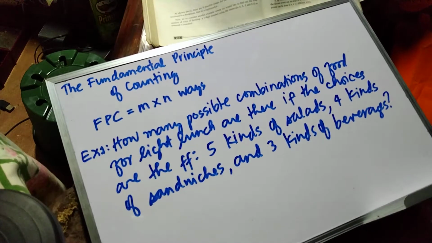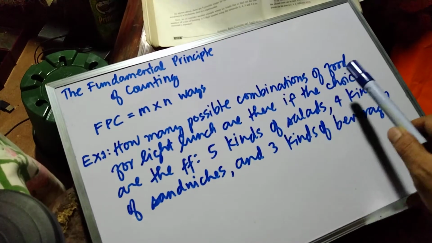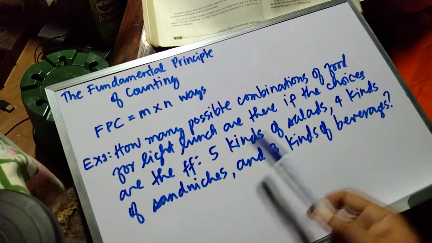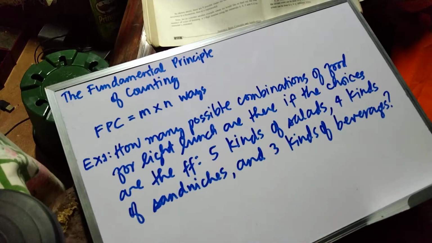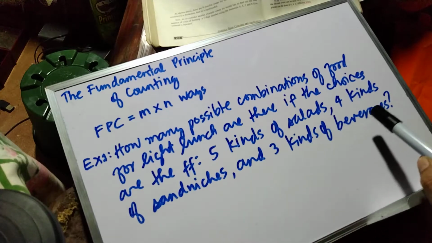Okay. So the question here is, how many possible combinations of food for light lunch are there if the choices are the following: five kinds of salads, four kinds of sandwiches, and three kinds of beverages.